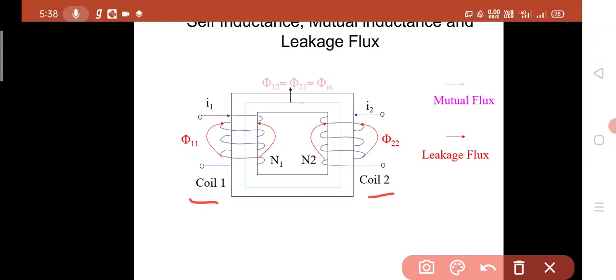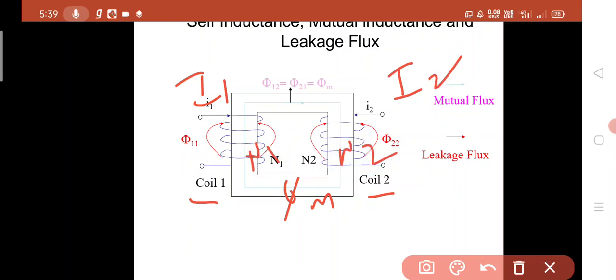Here is the center of mutual flux phi M. The flow of current in the primary is I1, and this is I2. This is the number of turns N1, and the number of turns N2.